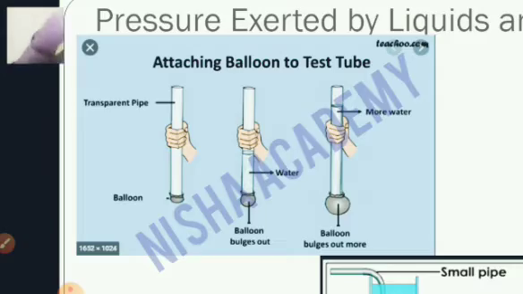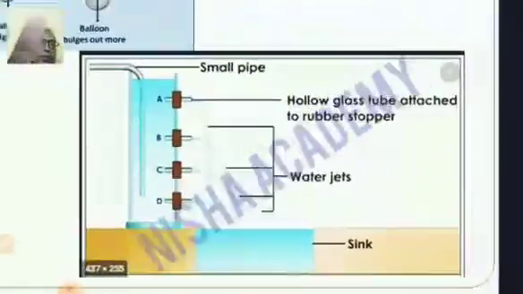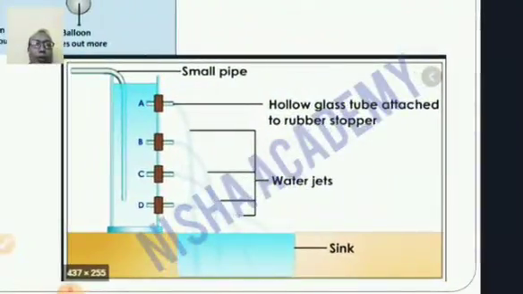In the other figure, you can see that there is a small pipe or small hollow glass tube attached here, and we had filled water to a certain height. Now you can see that point A is the uppermost and point D is the lowermost.